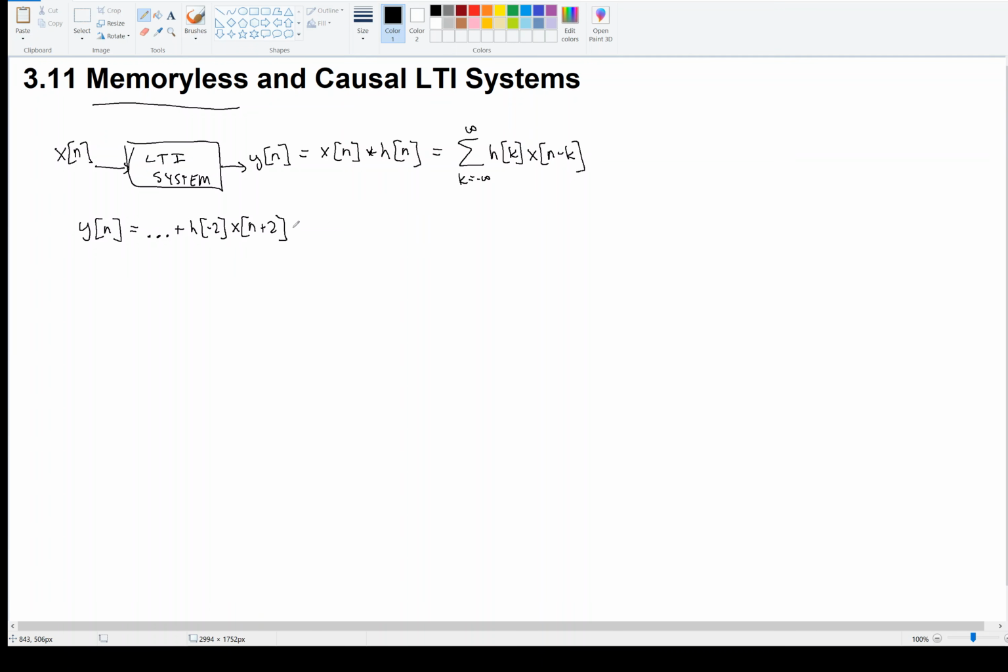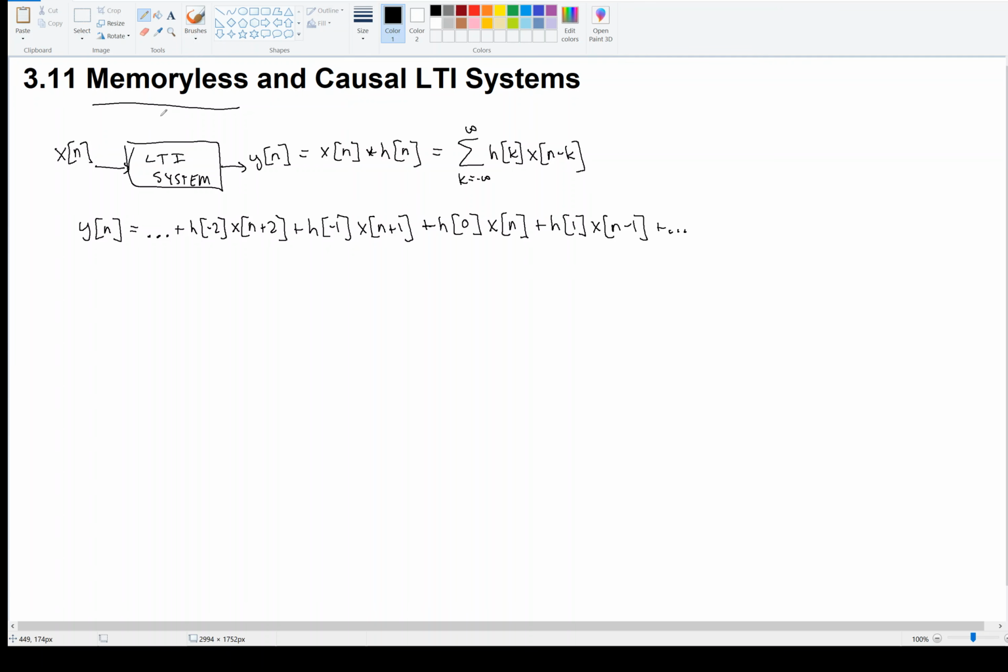And then there's the k equals minus 1 term, so that's h of minus 1, x of n plus 1. Then the k equals 0 term, plus h of 0, x of n. And then the k equals 1 term, h of 1, times x of n minus 1, and it goes to infinity, we just keep going like that. So this is the output.